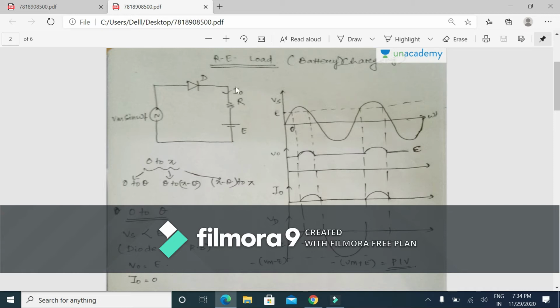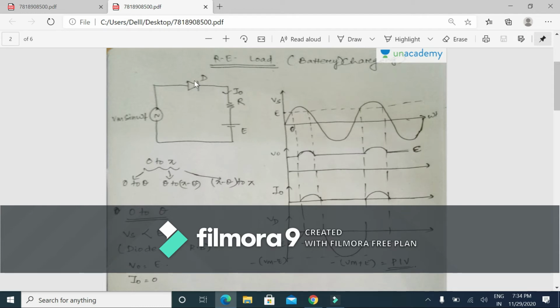If the voltage across this load is represented by V naught, that means this V naught is equal to E, and I am representing it here. That means from 0 to theta, this V output will be equal to E, as no current flows, as the diode is reverse biased and no current is flowing in this circuit.